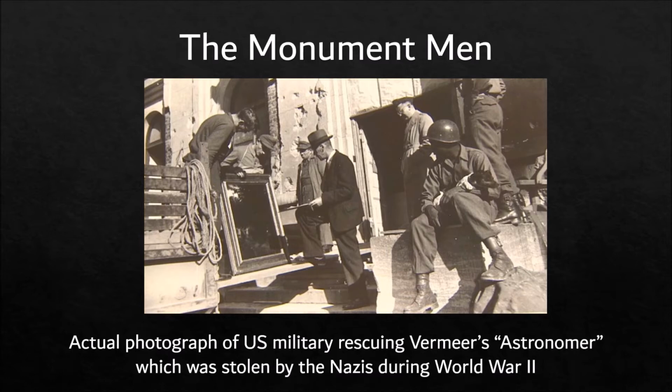This is an actual picture taken right at the end of World War II, where the GIs were commissioned to track down all of the stolen works of art that the Nazis had taken and hidden in many different locations, caves and houses and all kinds of places.